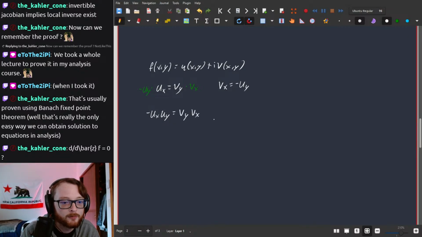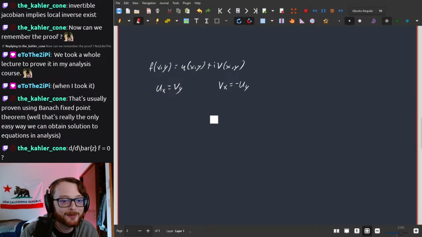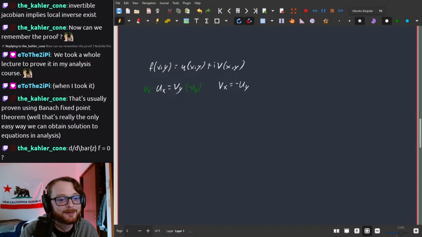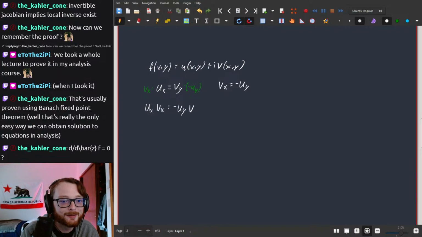Add the u's to the other side. Wait, no, I did this wrong. I had it right the other time. There we go. This is what I want. u_x v_x minus u_y v_y. Add this to the other side. u_x v_x plus u_y v_y equals 0.